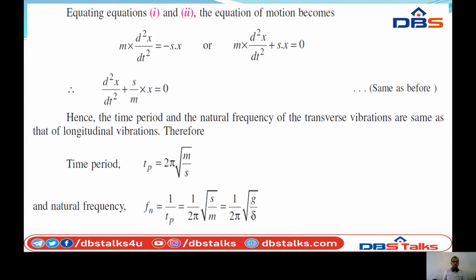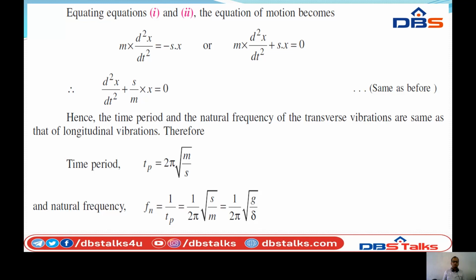Let us consider a curved shape which is vibrating. That deflection is identical with the static deflection curve of a cantilever beam which is loaded at the end. So the deflection of the cantilever beam which is loaded at the free end, what is the formula?